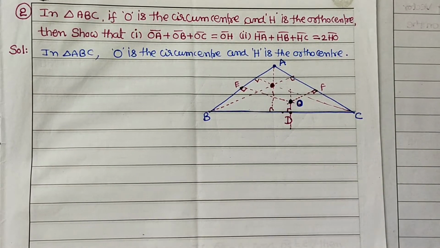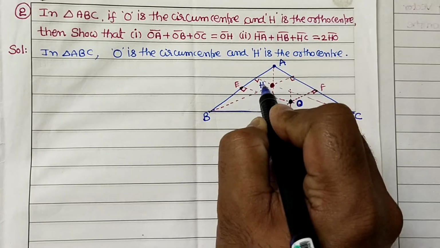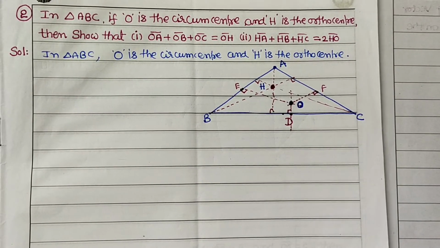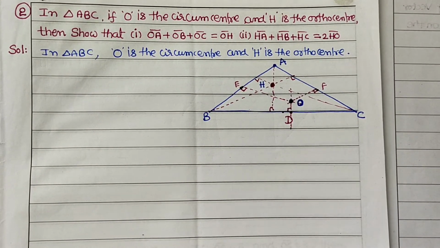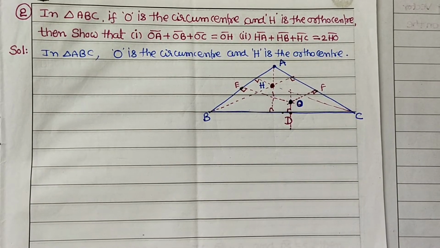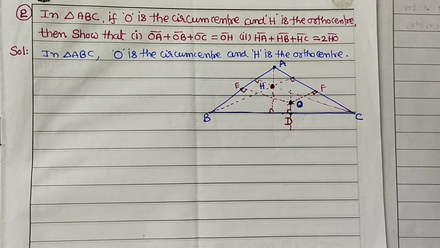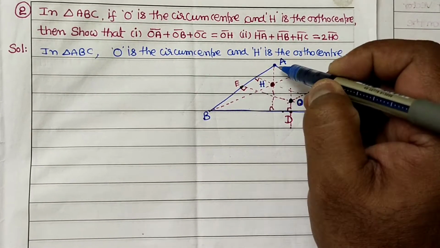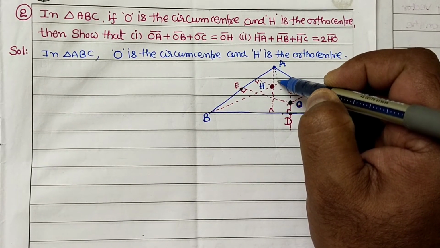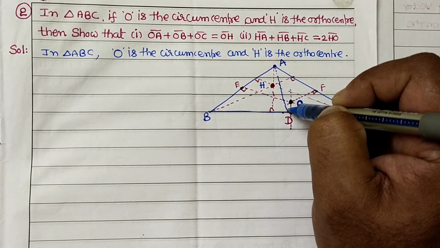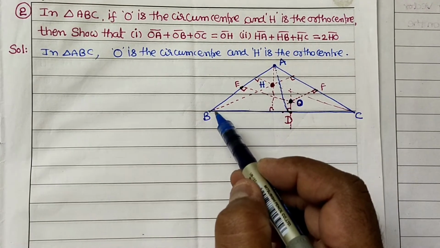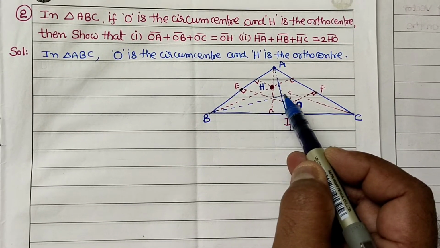It is denoted by H. And one more important thing, the point of intersection of medians is called centroid. See here, this is the median, this is also a median.